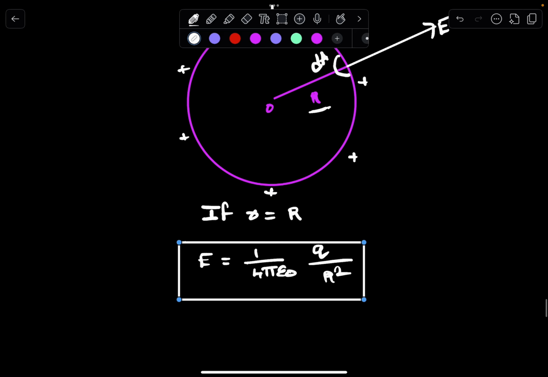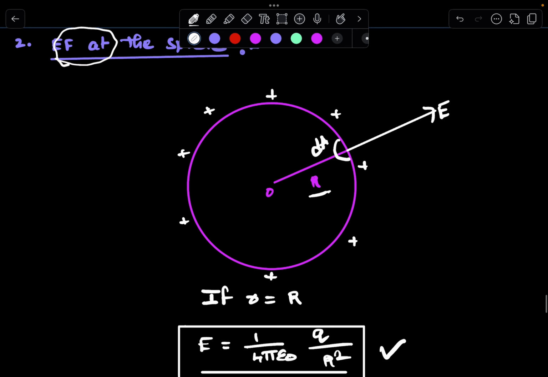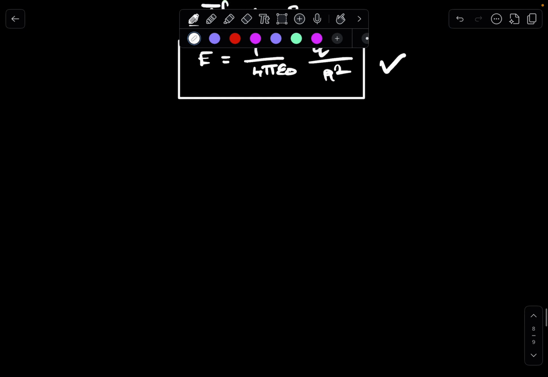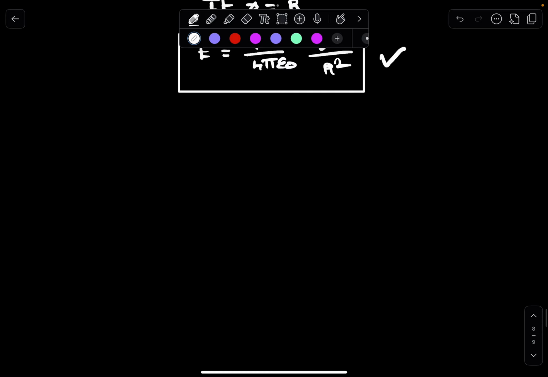This is the expression for the electric field at the surface of the sphere. Now coming to the third case, which is very simple: the electric field inside the hollow sphere.